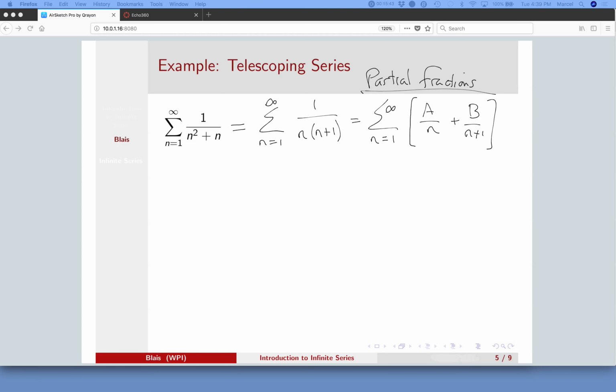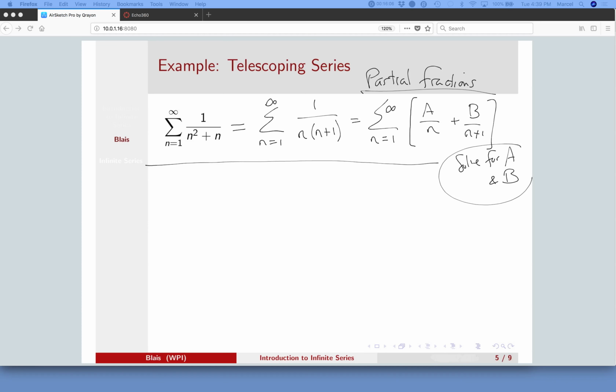So in order to solve for a and b, we set things up in the following way. Let's focus on setting what's in the square brackets here equal to this summand here.